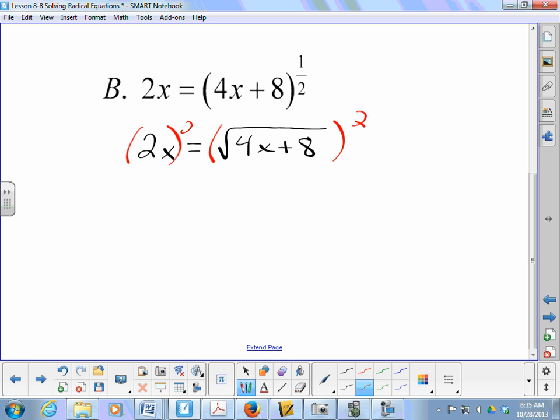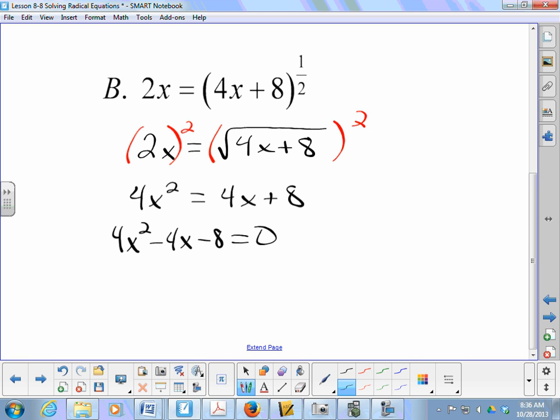So I have to square both sides. So you could do it either way. Either way, you're raising it to the power of 2. So we get everything together.